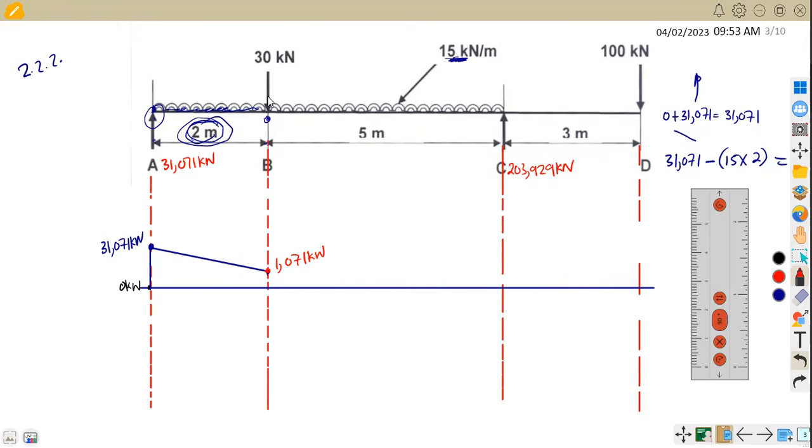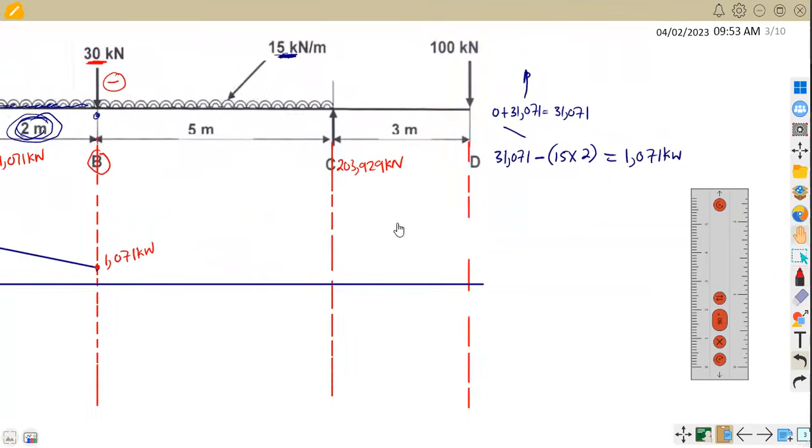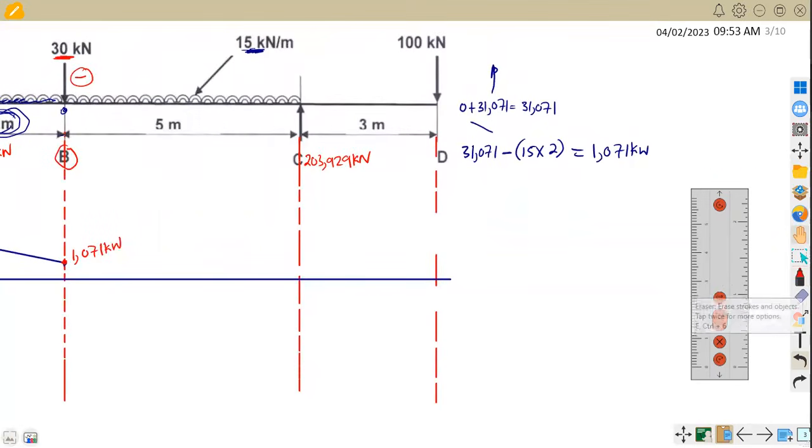Then at B, direct at this point B, we are given a point load of 30 kilonewton, which is going down. So we are going to subtract this point load 30 kilonewton. All right, so at 1,071, we are going to subtract the point load that is facing down. So a point load faces down direct, so you subtract that one, 30 kilonewton.